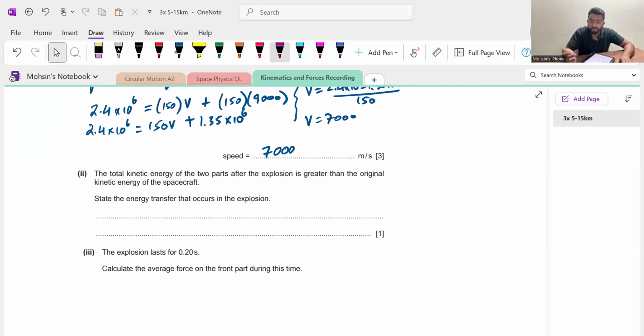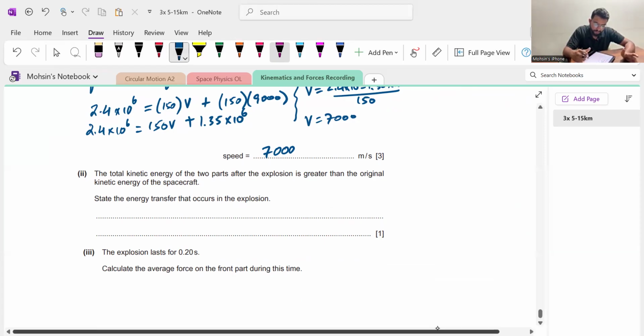The total kinetic energy of the two parts after the explosion is greater than the original kinetic energy of the spacecraft. State the energy transfer that occurs in the explosion. What is the energy transfer taking place?